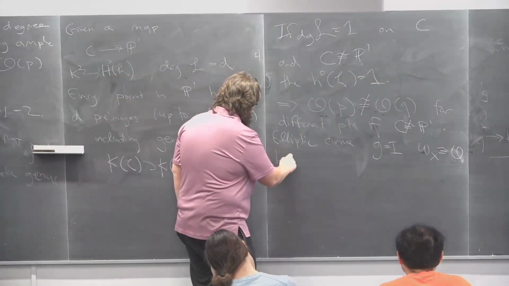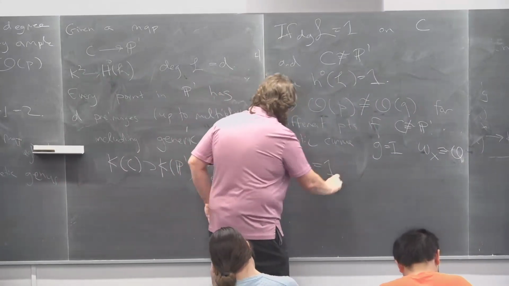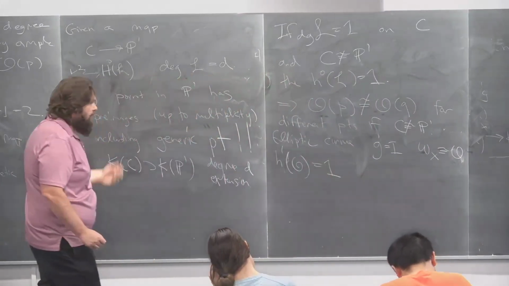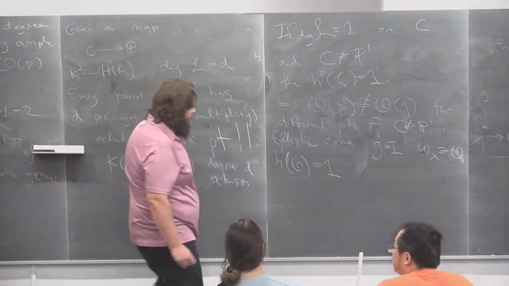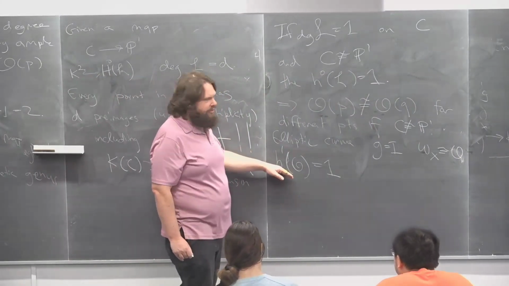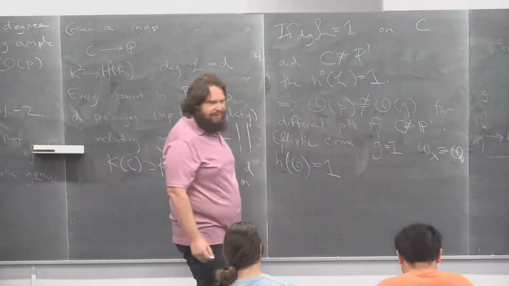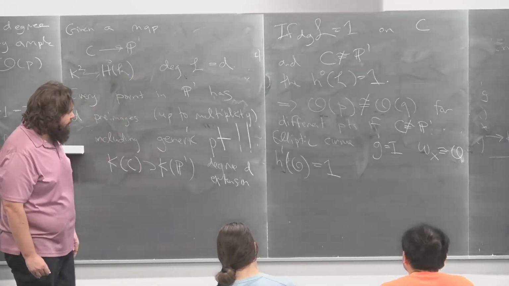I have that h1 of O is 1, and this gives me a section of the canonical bundle, which is degree 0, so it tells me that it's actually trivial.